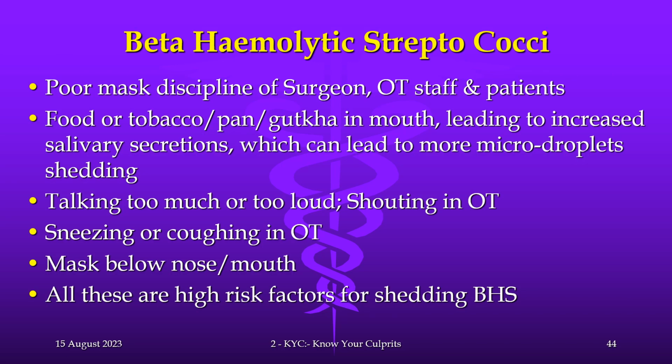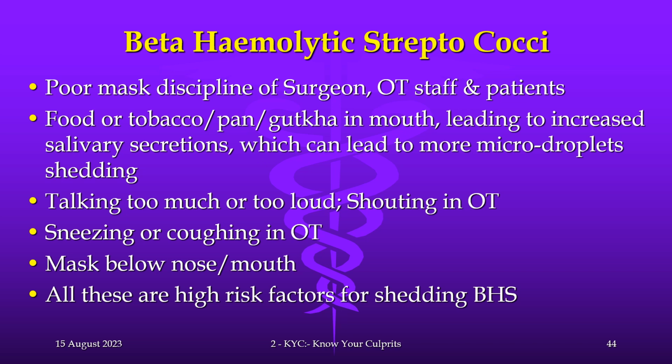Poor mask discipline of the surgeon, OT staff and patients, having food or tobacco, pan, gutka etc. in the mouth, leading to increased salivary secretions which can lead to more micro droplets being shed, talking too much or too loud, shouting in the OT, sneezing or coughing in the OT, mask below the nose or mask below the mouth.